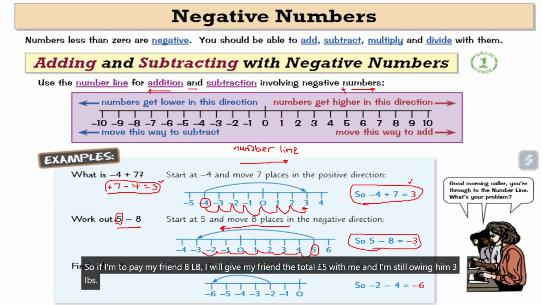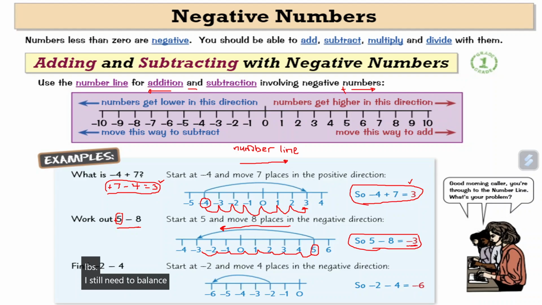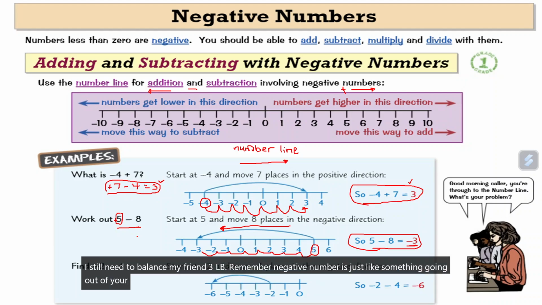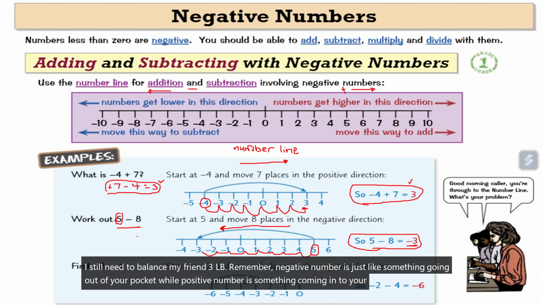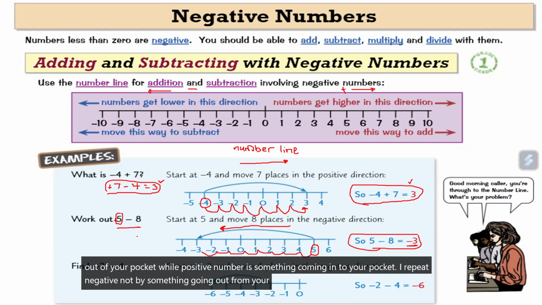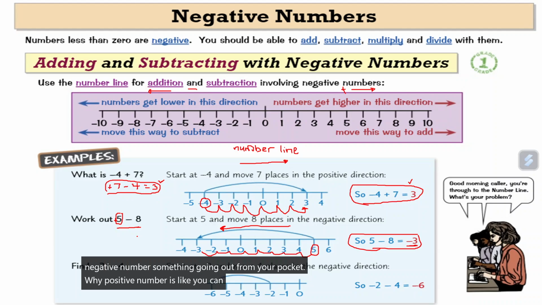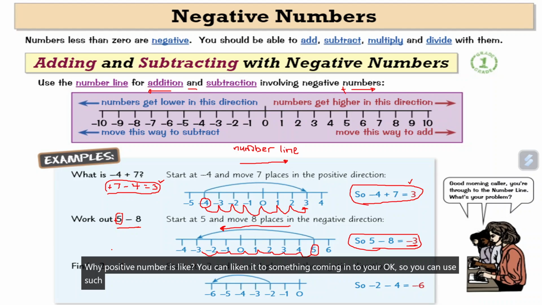I still need to balance my friend £3. Remember, a negative number is just like something going out of your pocket, while a positive number is something coming into your pocket. I repeat, a negative number is something going out from your pocket, while a positive number you can liken to something coming into your pocket. So you can use such illustrations to help you understand negative numbers.